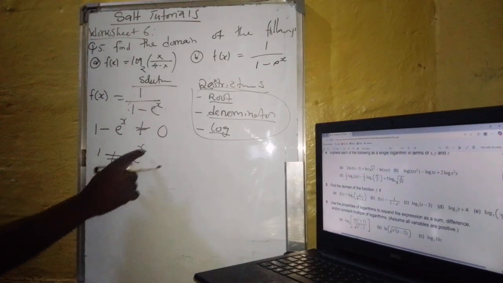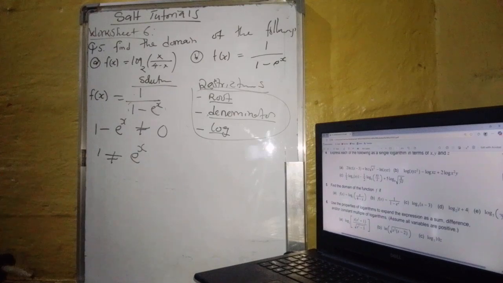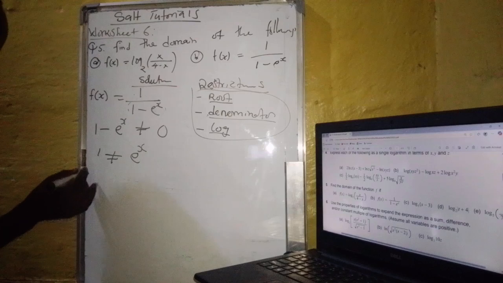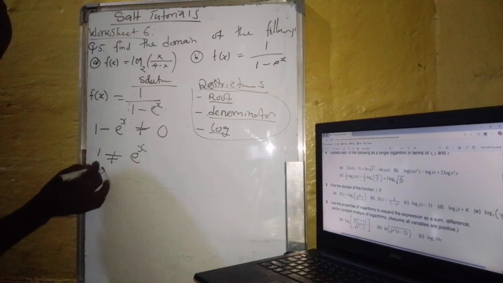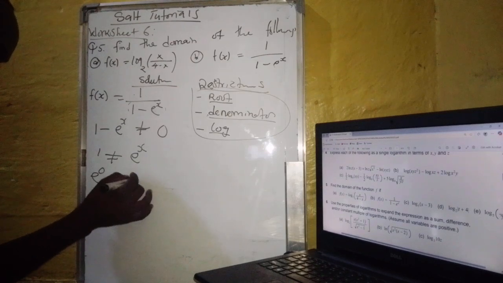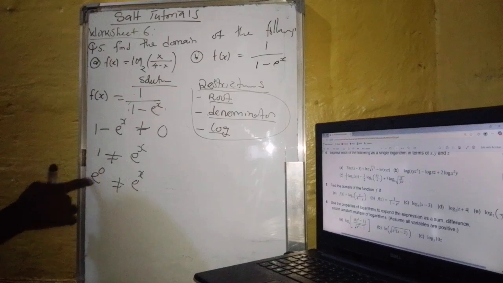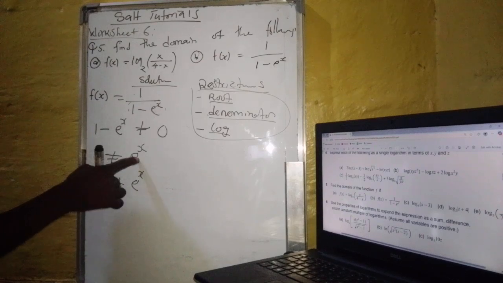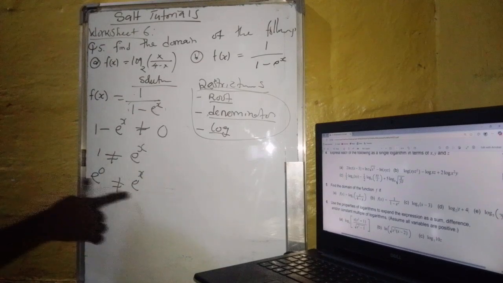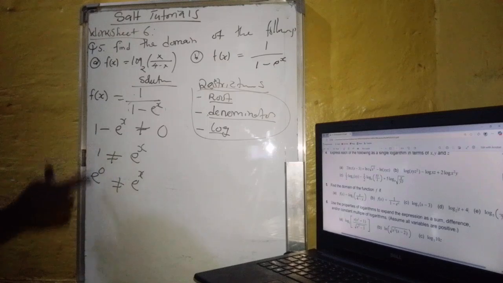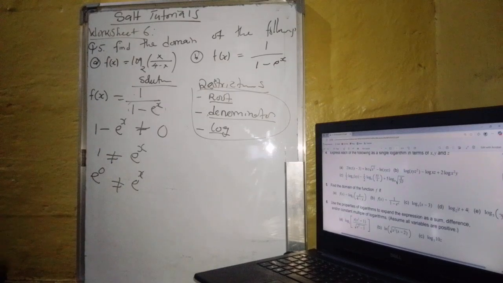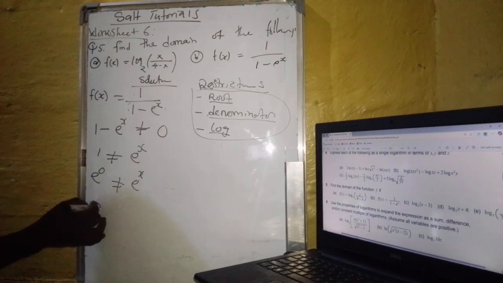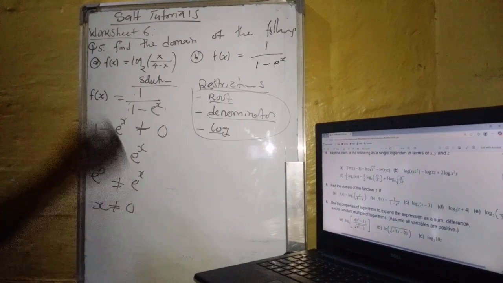If I have e power x and I have a 1 here, this 1 can still be written as e power 0, which is not equal to e power x. To solve for x, I have to make sure that the bases are the same. If the bases are the same, then the powers can be equal to each other. It means that x should not be 0.